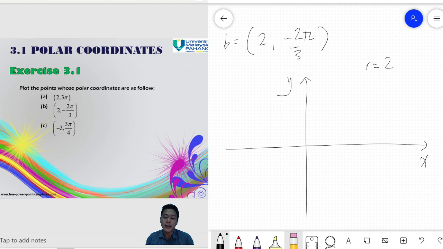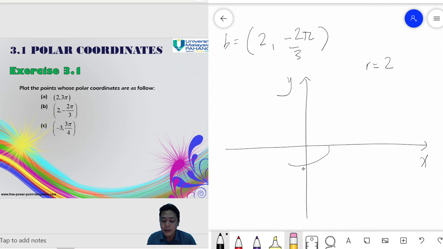This time we have a negative degree in radian there, and you might change it or you might not change it. For me, I like to change it, so -2 pi over 3 is equal to clockwise 120 degrees.